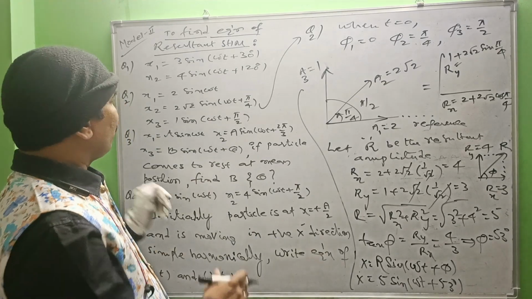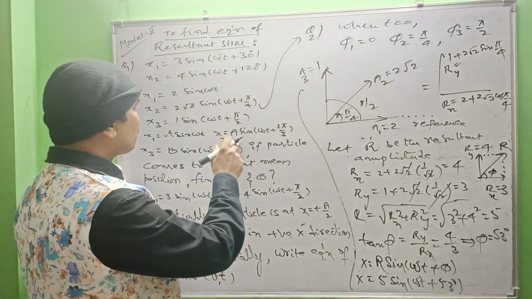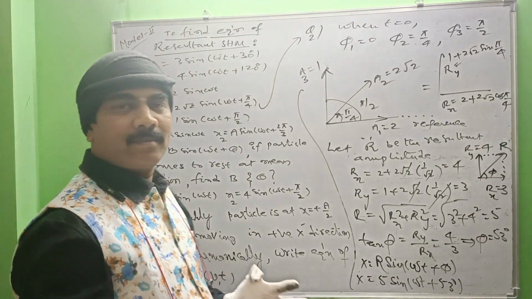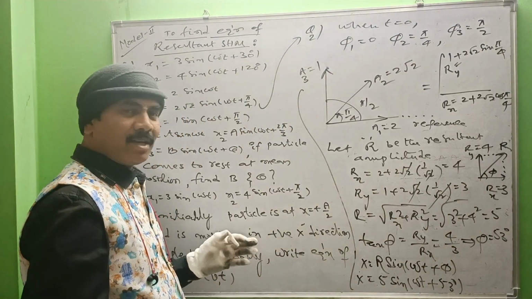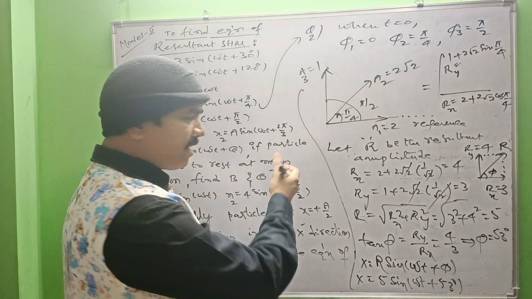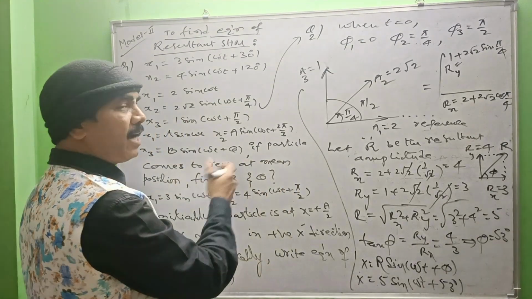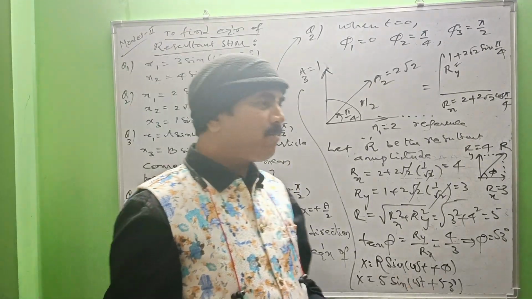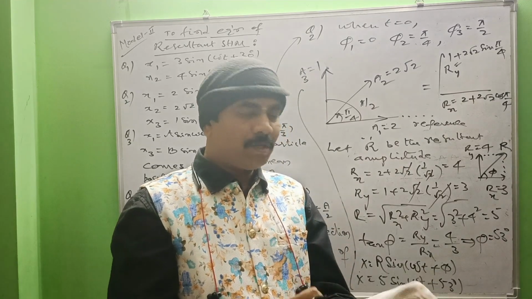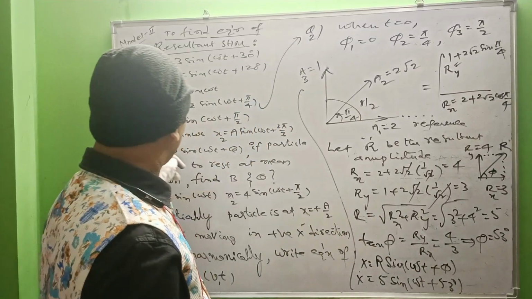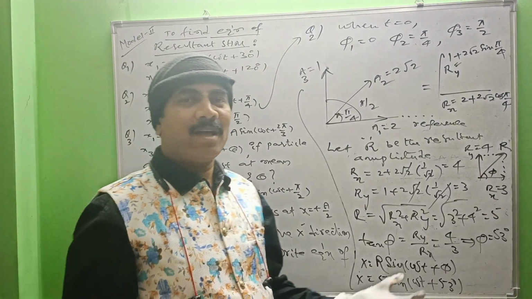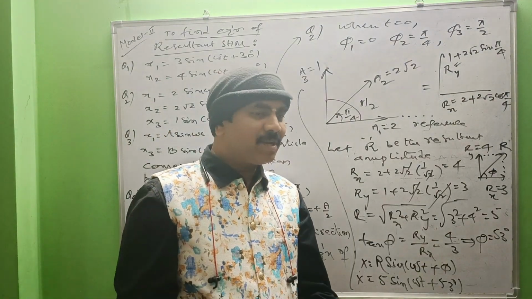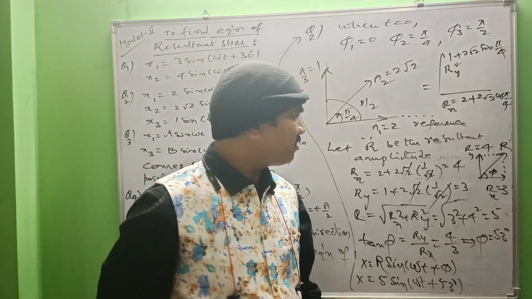See here, the particle is acted on by all these three oscillations simultaneously. When it is acted on by all three, the particle comes to rest at the mean position. At the mean position means x equal to 0. So on adding x1 plus x2 plus x3, the resultant is 0. Why? Because from the data, the particle comes to rest when acted on by all these oscillations.